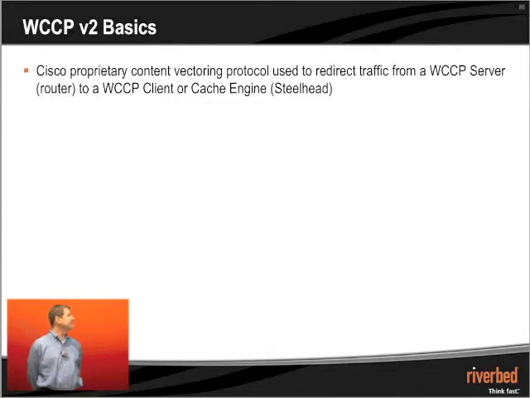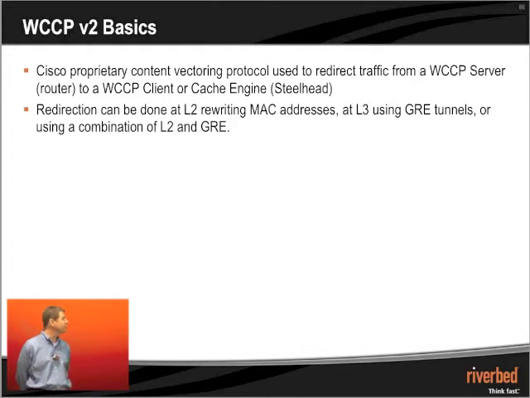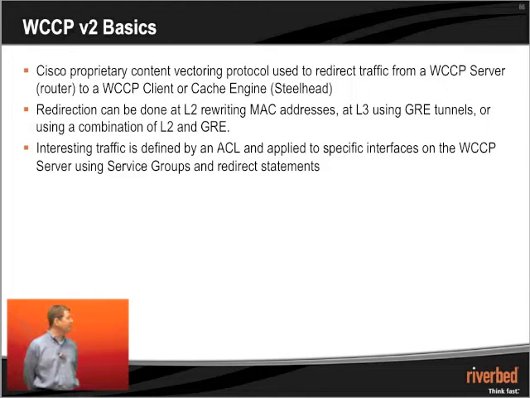When we talk about WCCP version 2, let's go through some of the basics. This is a proprietary protocol created by Cisco, which is used for redirection of traffic. It can be done by either rewriting the MAC address, this is known as layer 2 redirection, or by doing GRE tunneling when the redirecting device and the cache engine, as it's referred to, are separated by a layer 3 device, such as a router.